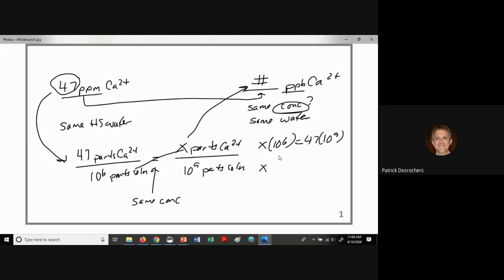I would solve for x by dividing both sides by 10 to the 6th, and I would get 47 times 10 to the 9th over 10 to the 6th. What's the value for x then? If I solve this, these powers of 10 will cancel, and 3 of those are left.